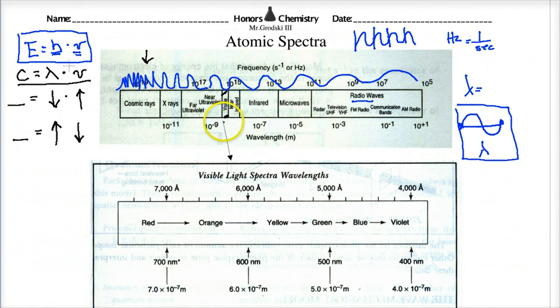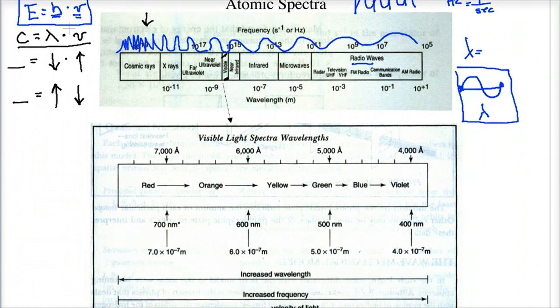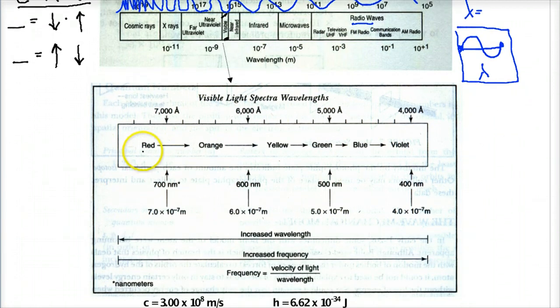If you were to take this part right here and zoom in on that little sliver, we can see that light is actually broken up into different energies or wavelengths. Now here we're looking at angstroms. Angstroms are 10 to the negative 10, and nanometers are 10 to the negative 9. So a nanometer is a billionth of a meter.